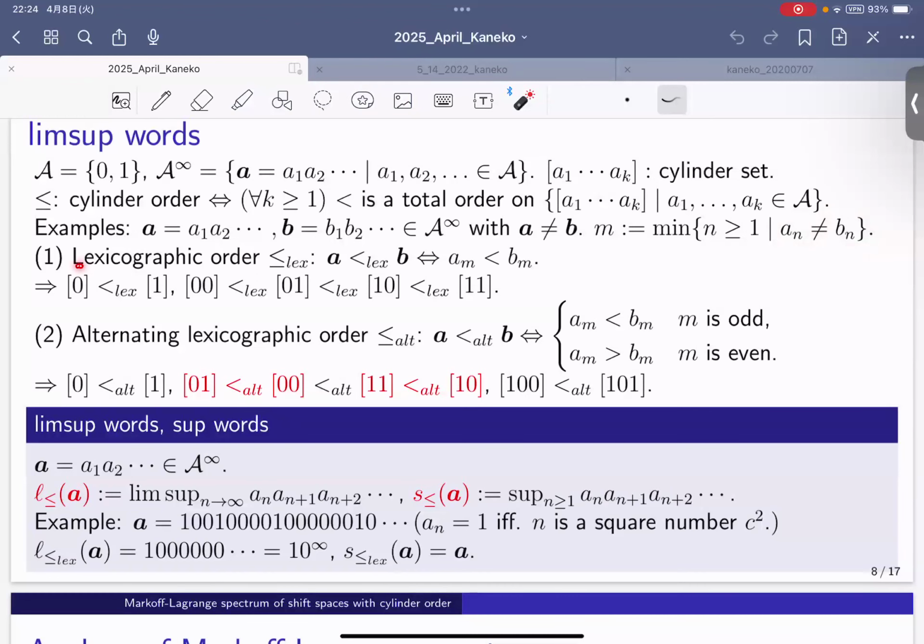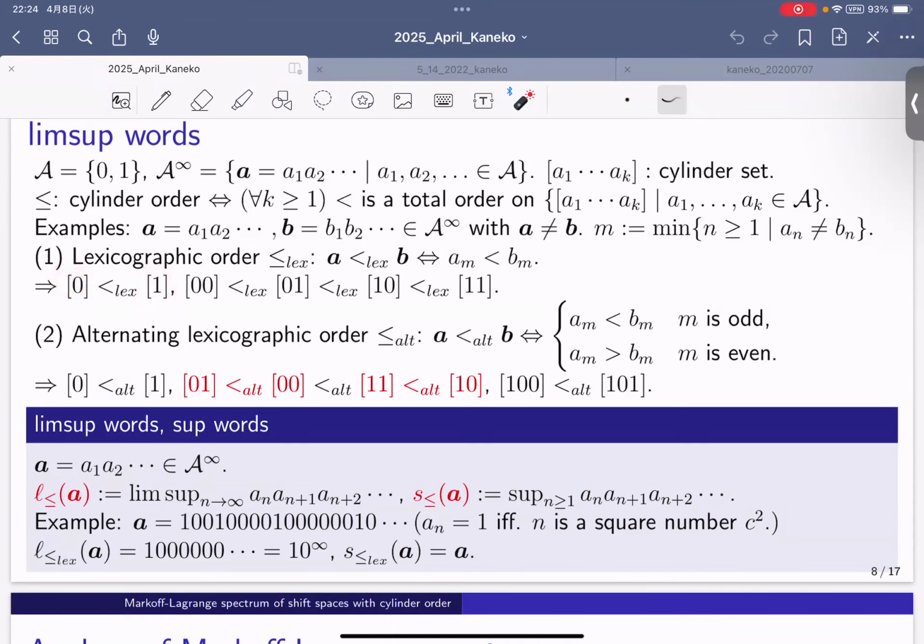The lexicographical order is defined as follows: A is less than B if and only if AM is less than BM, where M is the minimal index. By this definition, the cylinder [0] is less than the cylinder [1].